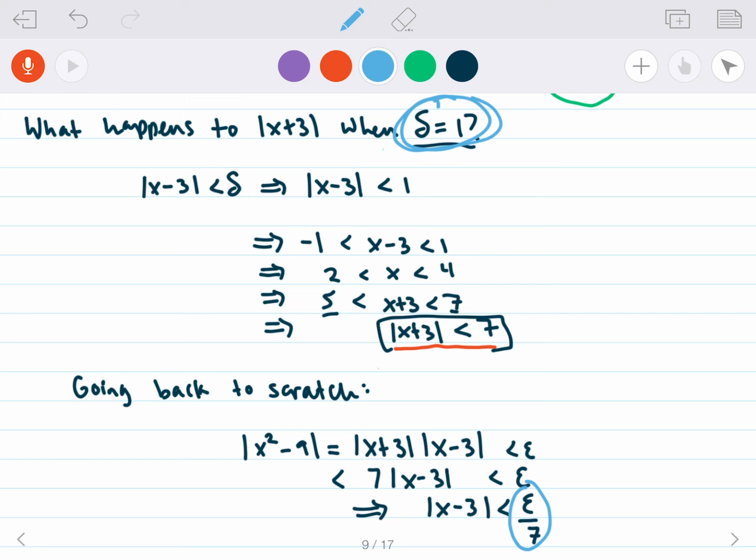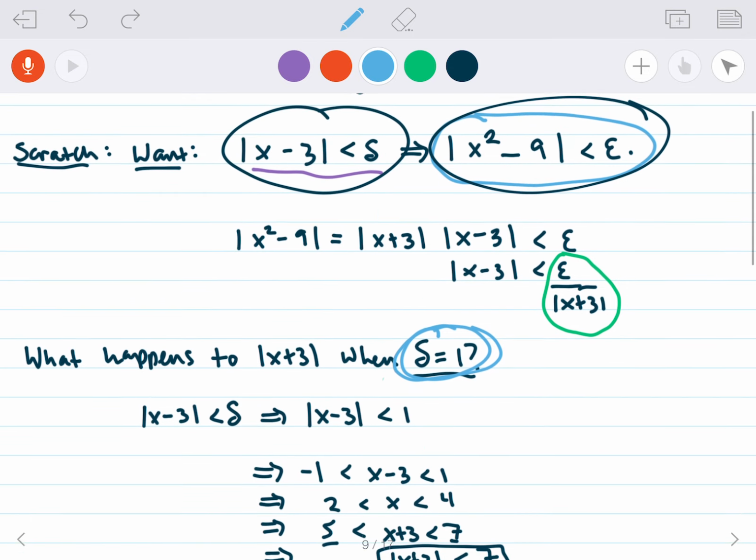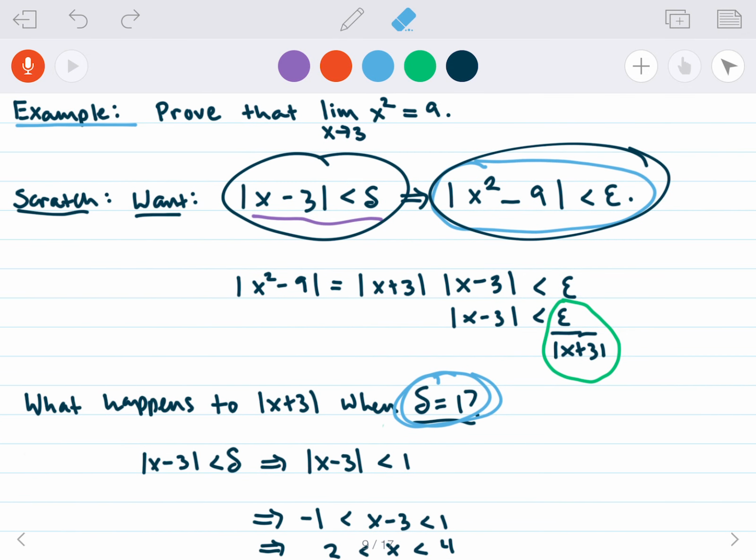Remember, this was an arbitrary, completely random number that I picked because I wanted to bound x plus 3. I said, okay, if I can bound x plus 3, then I'm never going to have to deal with a delta that depends on x. Okay? So that was all scratch work. And so let's go ahead and do our actual proof.